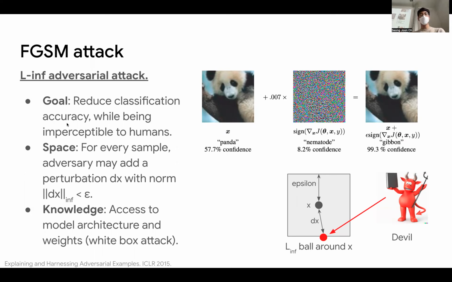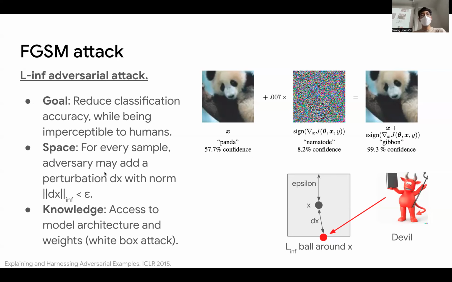The goal is obviously to reduce classification accuracy while being imperceptible to humans. The space it considers is that for every sample, you're going to make a very small perturbation dx with the norm L infinity of this dx smaller than epsilon. And knowledge is your access to the model architecture and weights, meaning that this is a white box attack.